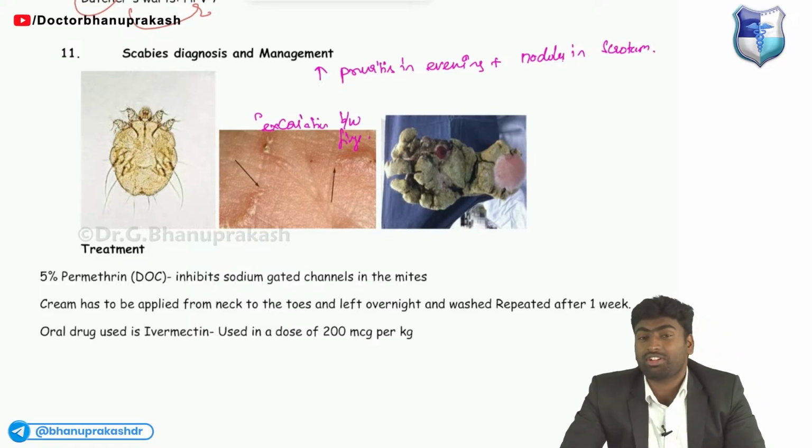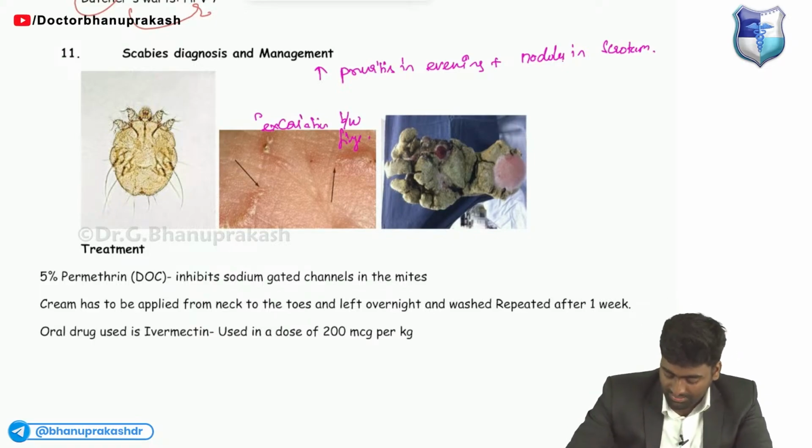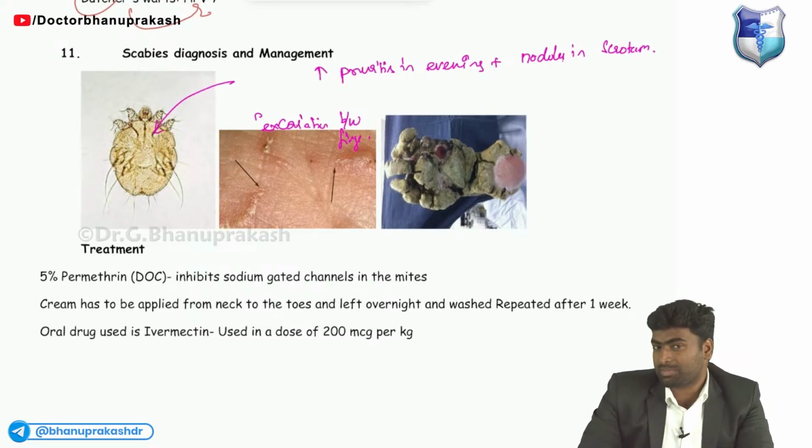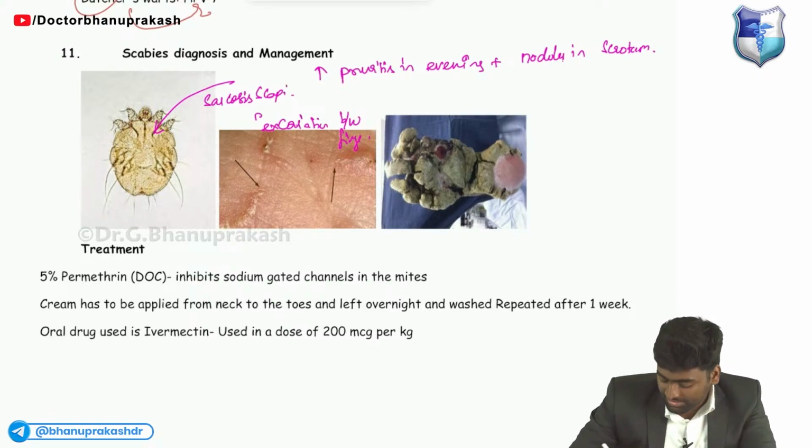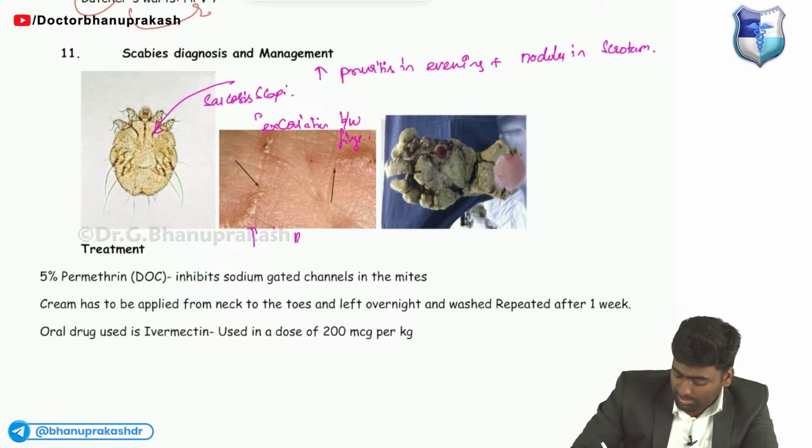All of these will be classically seen in a case of scabies. The causative agent is Sarcoptes scabiei, and it produces typical lesions known as burrows.